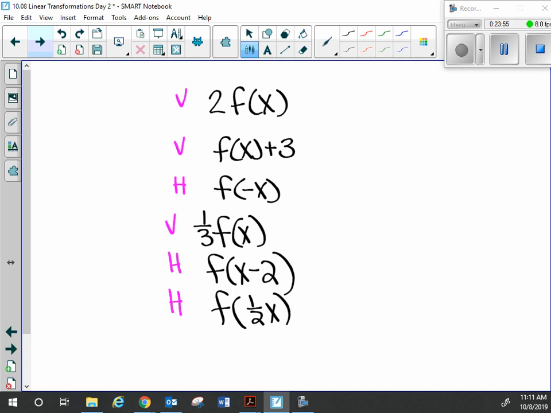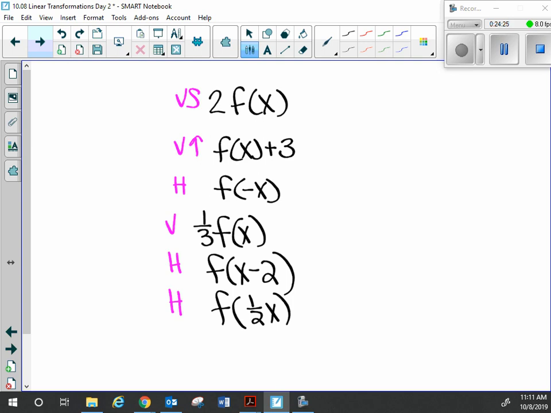Very good. Now let's get a little bit more specific. Okay, this is vertical, but it's a vertical what? Vertical stretch. Good. Vertical shift. Which direction? Up. Vertical shift. Up. Y'all, vertical, the only directions you can go are up and down.